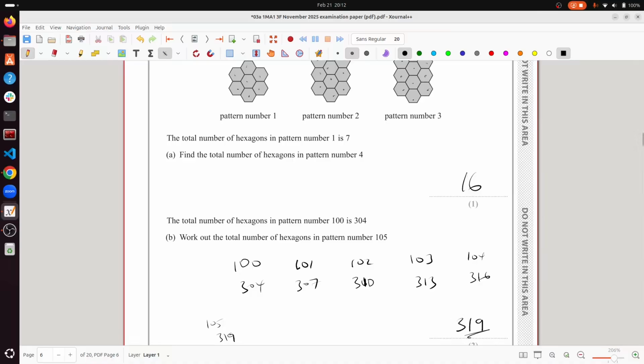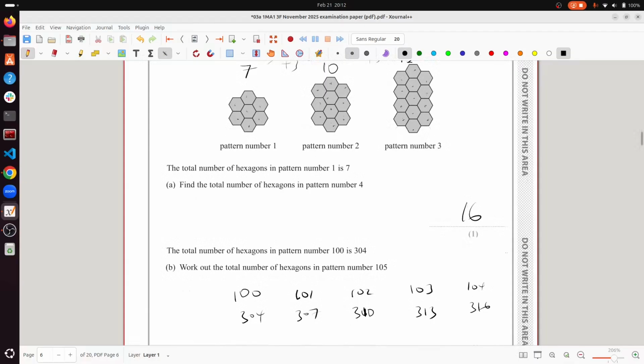It's 319. The second way we could have done this, knowing our pattern, is a 7, a 10, and a 13. We know that the nth term for this is going up in threes, so that is 3n. And from the 3 times table to 7, we need to add 4.